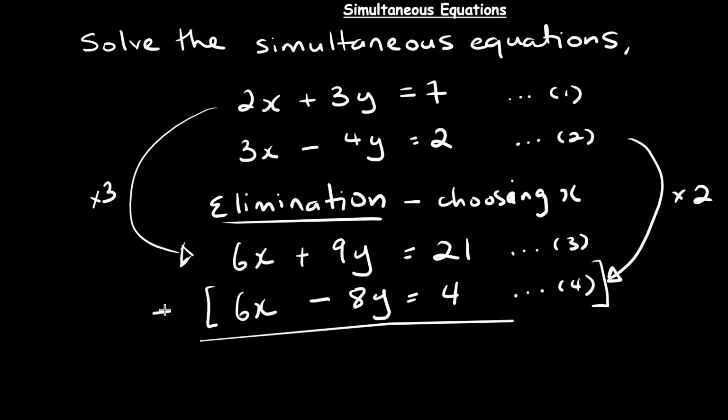So it's going to be 6x minus 6x, which gives us 0. 9y minus a negative 8y is the same thing as 9y plus 8y, which is 17y. And 21 minus 4 gives me 17. Which implies y is equal to 17 over 17.